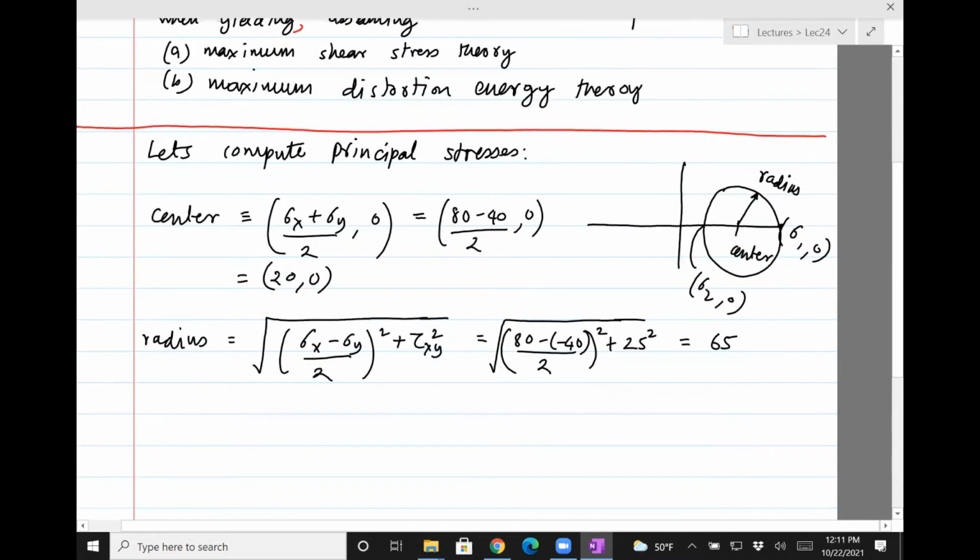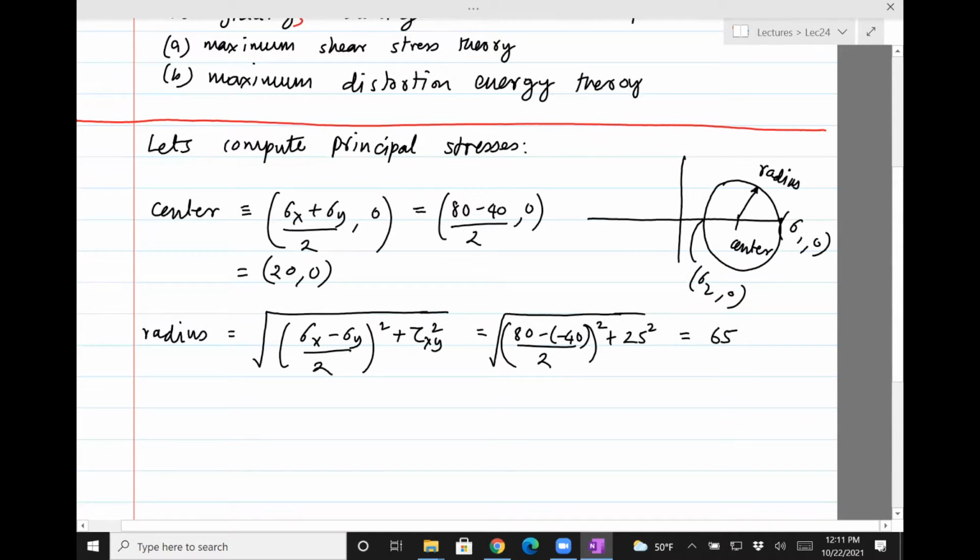So now we're in a position to find the principal stresses. Let's just call that sigma A and sigma B, just to be true to the notation we've used in the second part about the stresses. So sigma A, as you can see, is the x coordinate of the center, center x, plus the radius, which is 20 plus 65, and so that's 85.